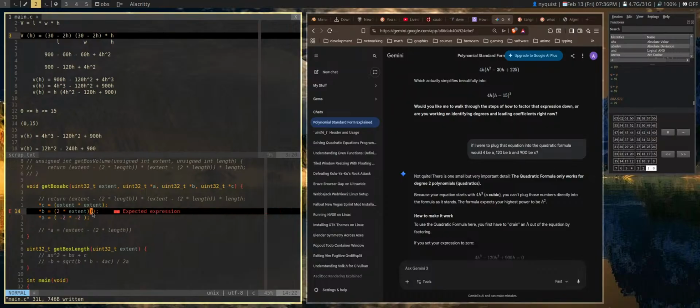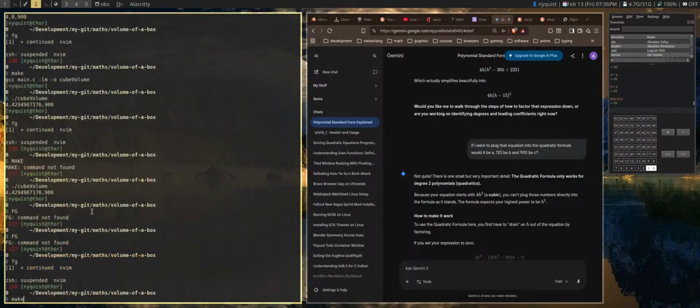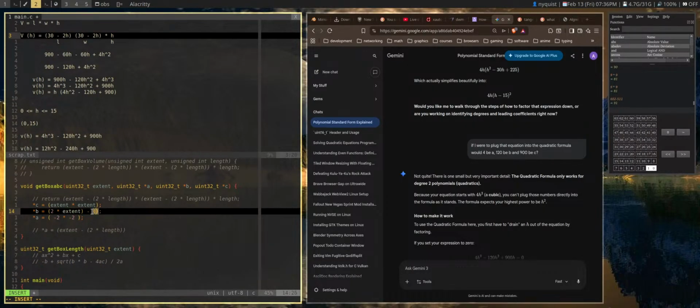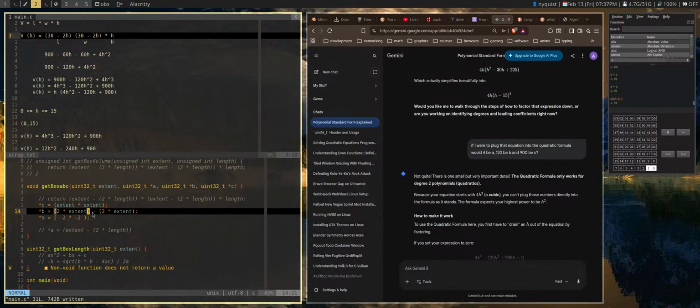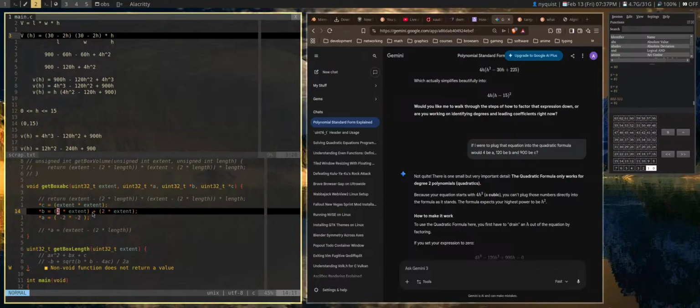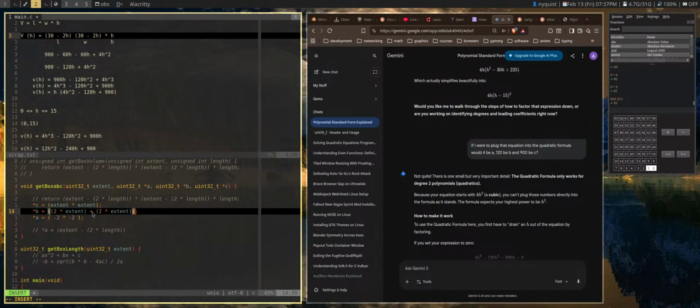I am just going to do this. And 2 times 30, 60. Cool. That's minus 2 times 30. That'd be 0. 120. And then we're going to do it like this.